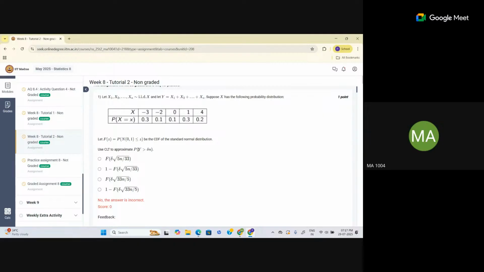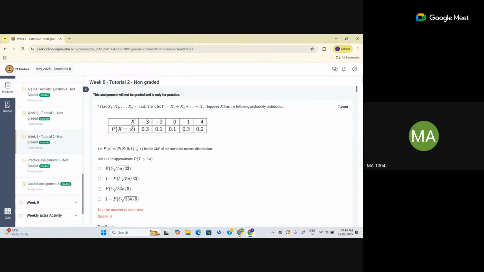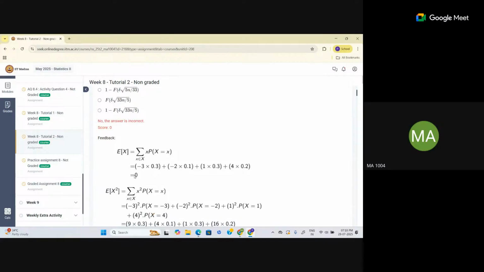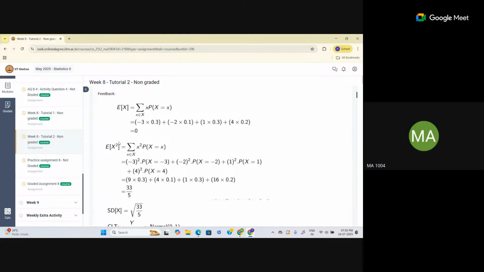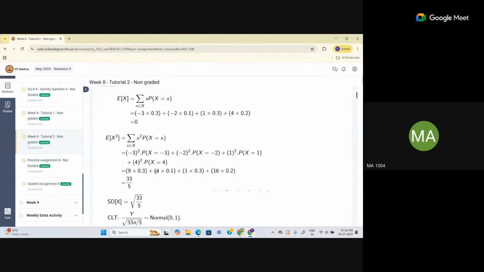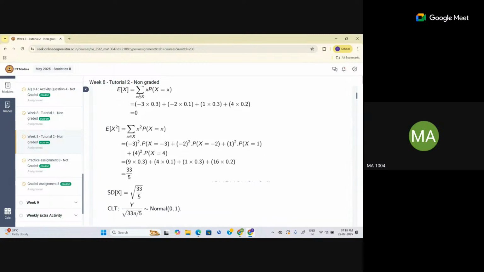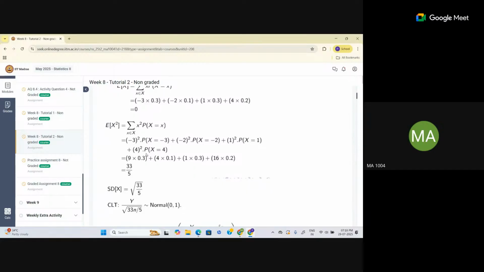You should know the expectation and variance of Y. For calculating the expectation and the variance or standard deviation of Y, you need to find the expectation and variance of X. So first you calculate the expectation of X and the variance. For variance, you need to calculate the expectation of X squared. You can do that because the PMF is given. So this is the expectation and variance of X.